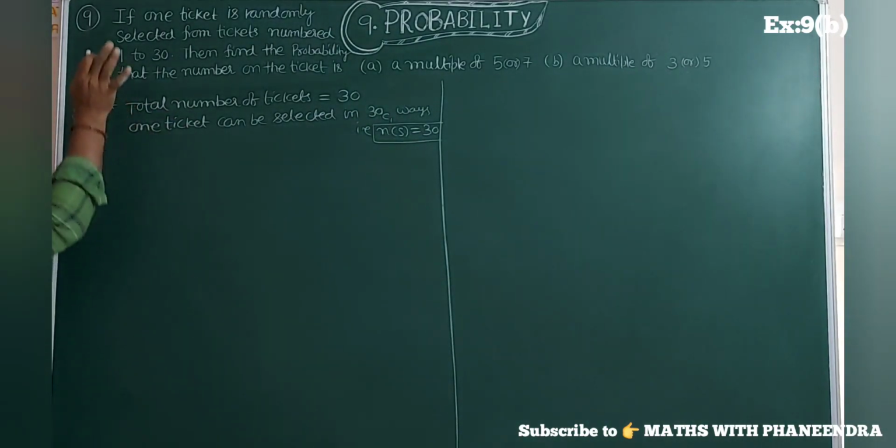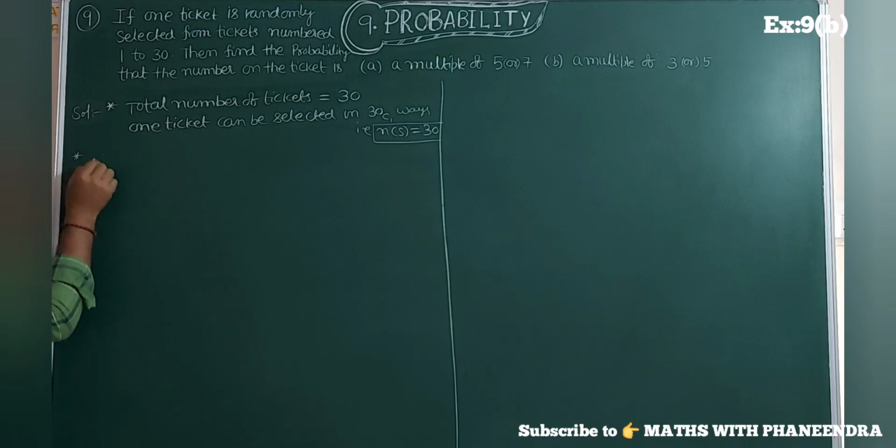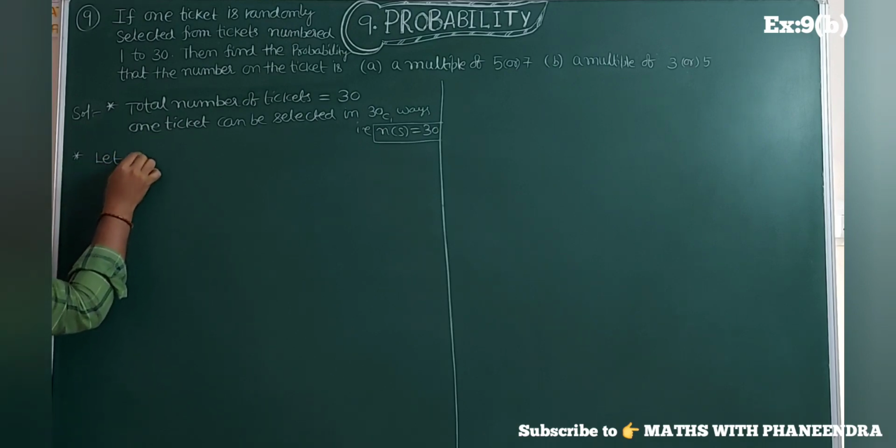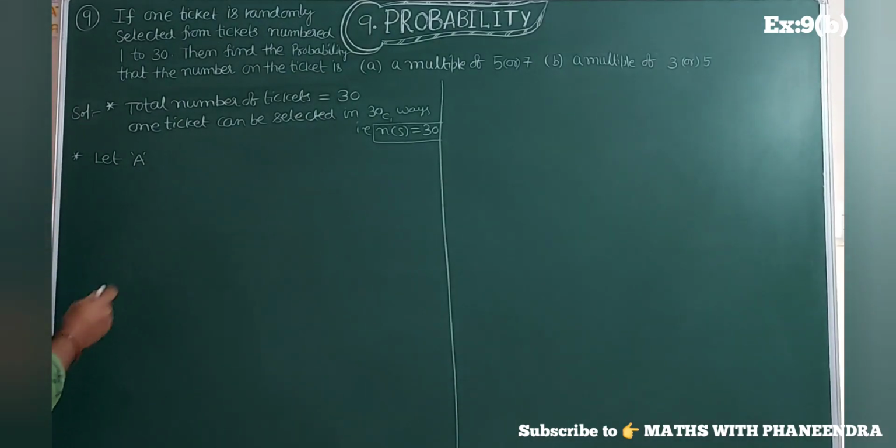First step, from the given information only. Next step, let A be the event, A or E1, E2, your wish, anything you can take.